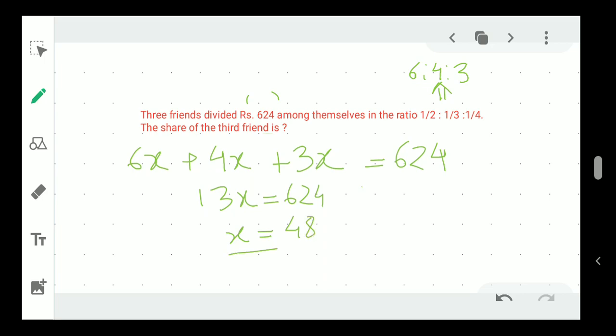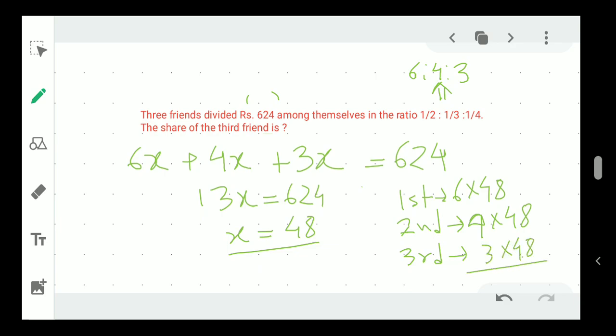So now I know x is 48. That means the first person will get 6 into 48 rupees, the second person will get 4 into 48 rupees, and the third person will get 3 into 48 rupees.